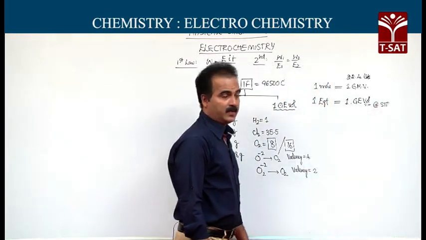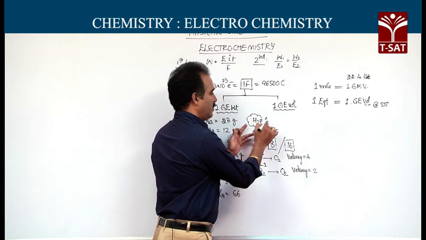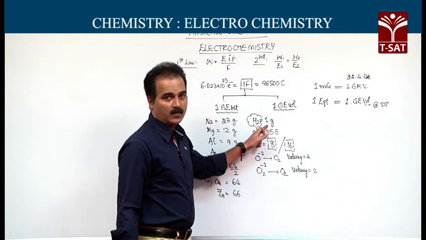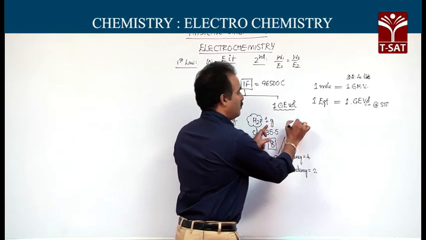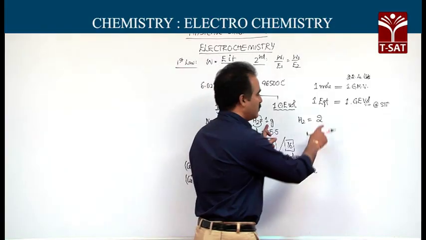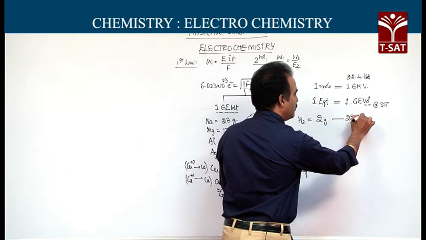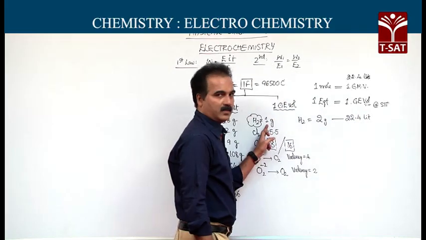The molecular weight of hydrogen is 2, so 2 grams of it will occupy 22.4 liters.